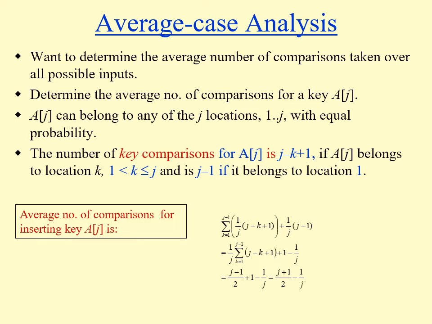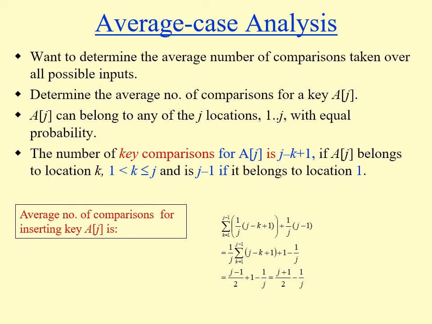You can think you want to get a complexity average over all the possible inputs. So for all the inputs, each input has a different cost. We do average. We determine the average number of comparisons for a key AJ. Okay, AJ can belong to any of the J locations from 1 to J with equal probability.